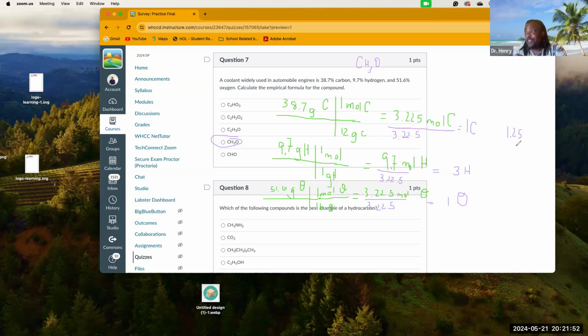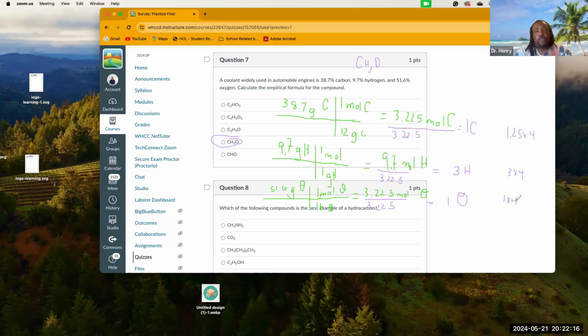But we're going to multiply this one by it and all of the others as well. So if this was 1.25, we'd multiply this guy by 4. We'd multiply this guy also by 4. So it'll be 3 times 4. And then we'd multiply our oxygen also by 4.